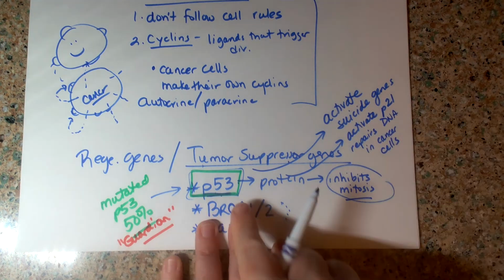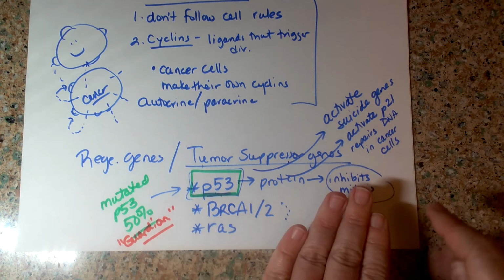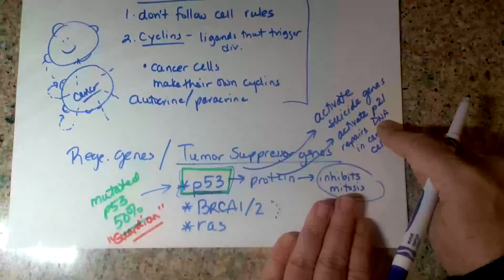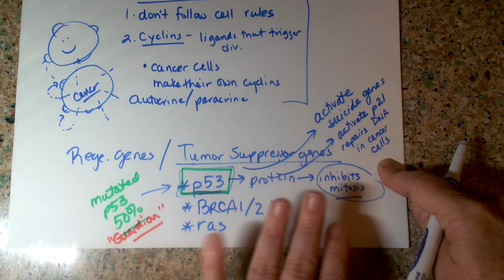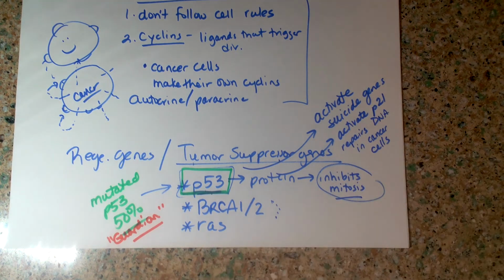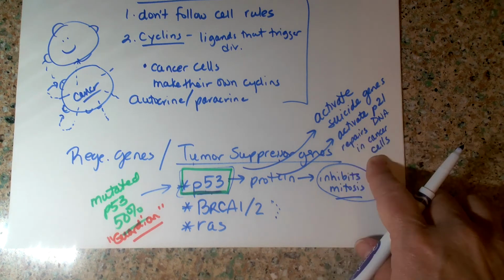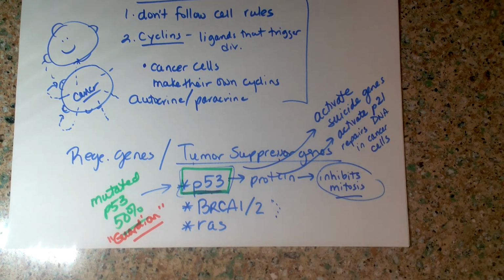So he not only halts the mitosis, he triggers P21 to come in and repair the damage, so that if the cell divides again, the DNA is now repaired and it's not cancerous anymore. So repairing the DNA, arresting mitosis, and triggering apoptosis are the three things that P53 does.